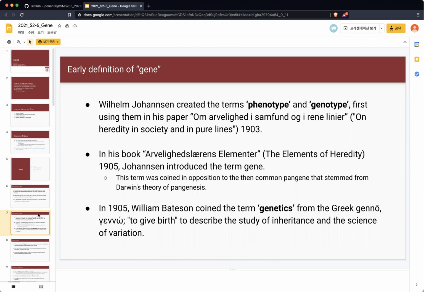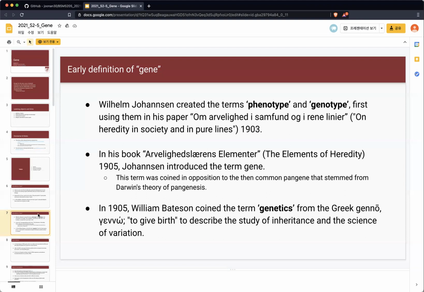Okay, and Johannsen also introduced the term gene in his book, so it's a bit later than phenotype and genotype. This term was originally supposed to describe the situation in opposition to Darwin's theory of pangenesis. Darwin's idea was mainstream at the time, so obviously the Mendelian people were on the opposite side.